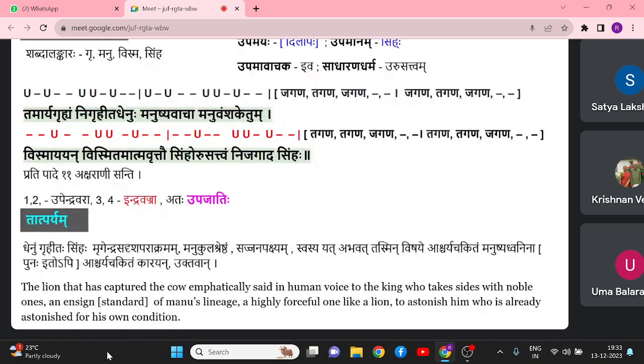Understood, no? He's already astonished. The lion further astonished him by talking like a human being, and it is all describing how Dilipa is. So what does the lion say? We will have to see.